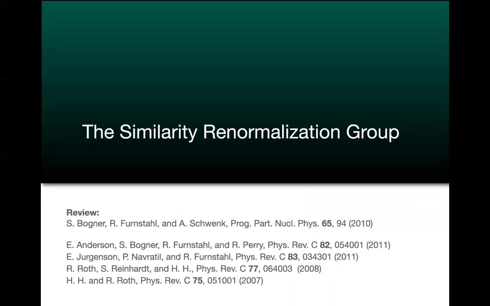And I want to move on to discussing renormalization groups, or the similarity RG in particular. And again, here are some references. So you notice they are maybe not quite so new anymore. And the reason for that is really that the SRG or SRG-type methods are now pretty much part of the everyday toolkit of the nuclear structure community.